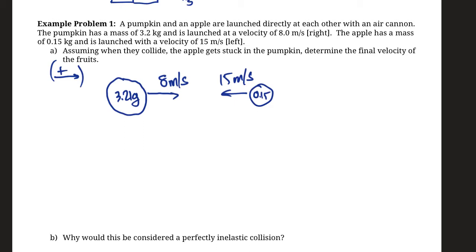Okay, so let's try. We know the initial momentum is going to equal the final momentum. The initial momentum of all the objects combined is going to equal the final momentum.